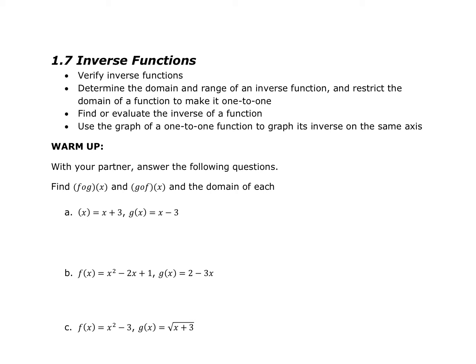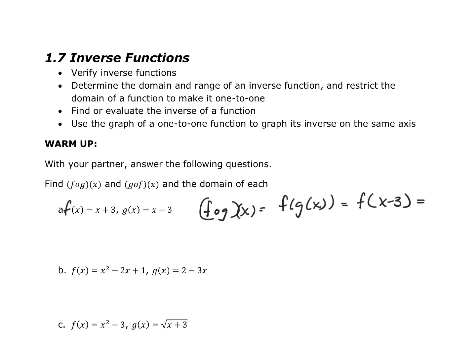So we're going to start with a warm-up of the composition. Previous video, we just did composition, so this should be a nice and easy reminder. F composed with G of X is the same thing as F of G of X, which is F of X minus 3.